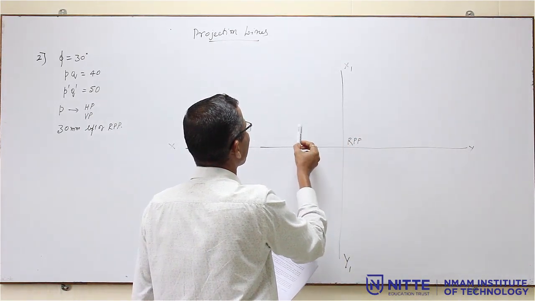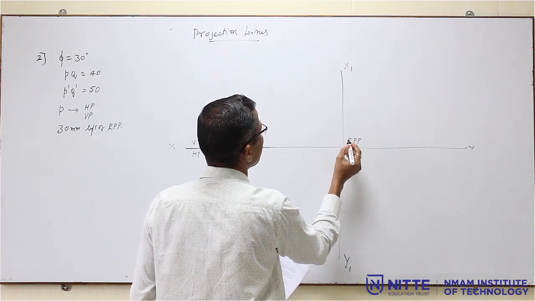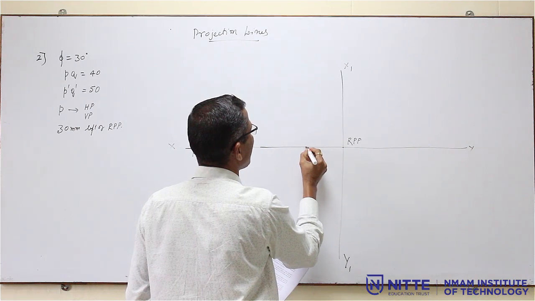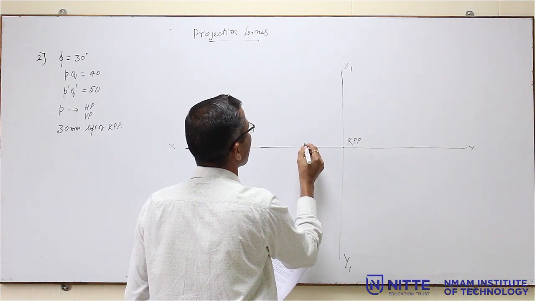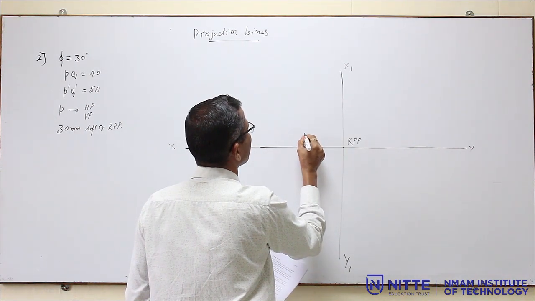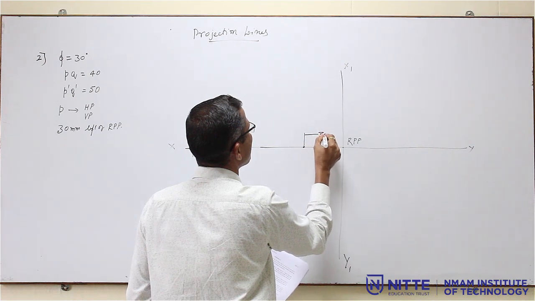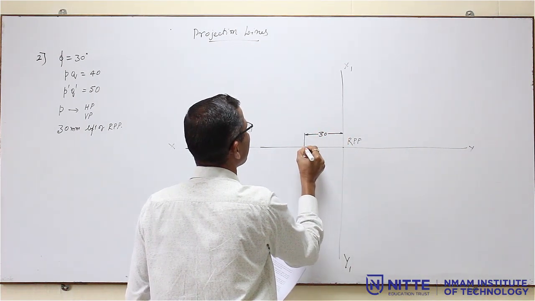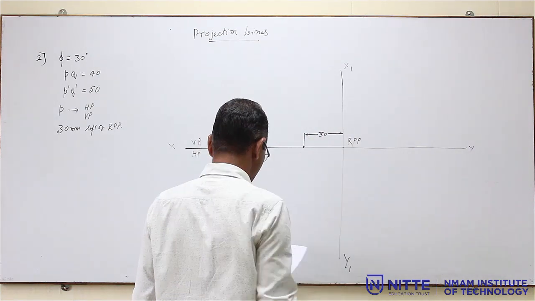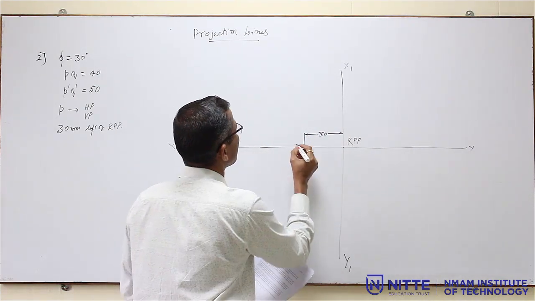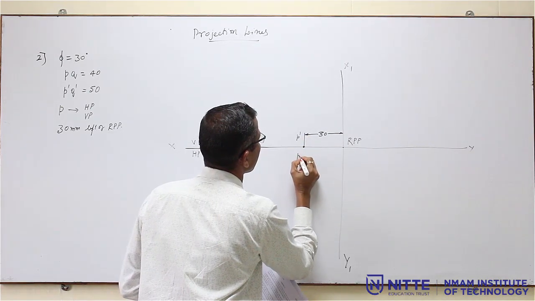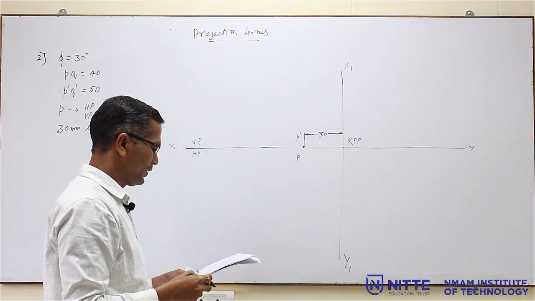From this origin you measure a distance of 30 mm on the XY line and mark this point. So, this is the point P. We can call this P dash here and P here.